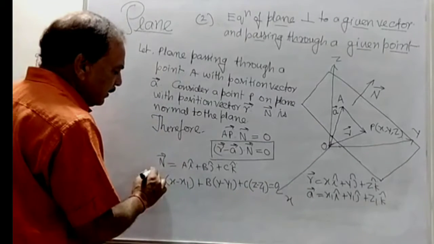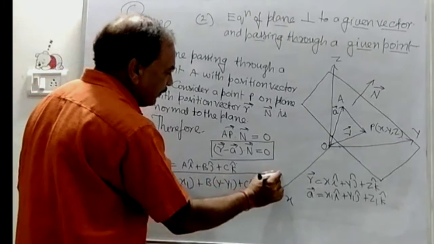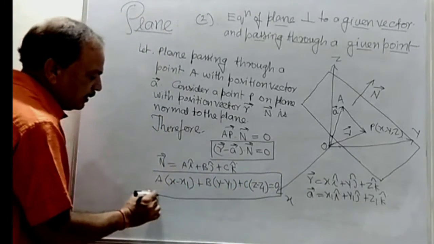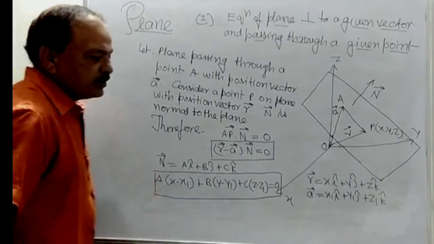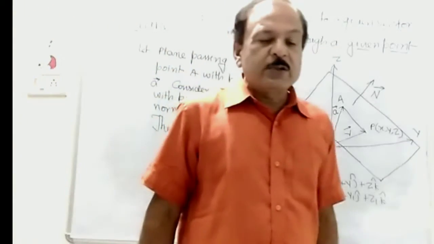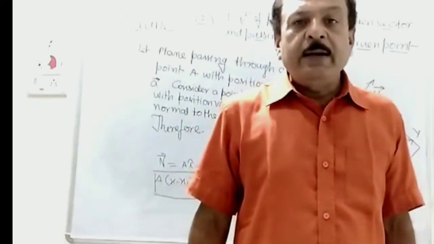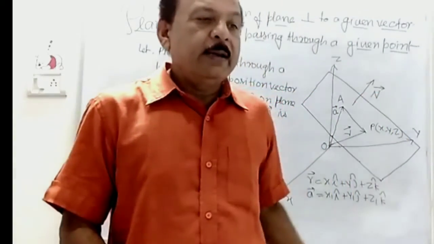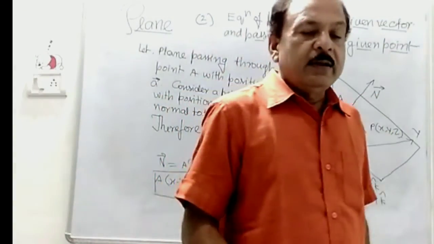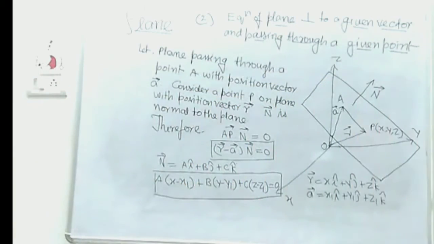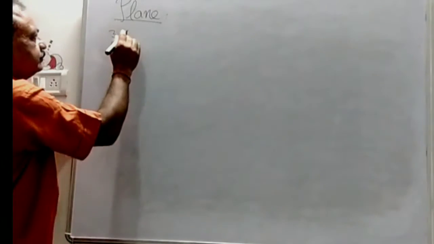So this is the Cartesian equation of the plane passing through a given point and perpendicular to a given vector.